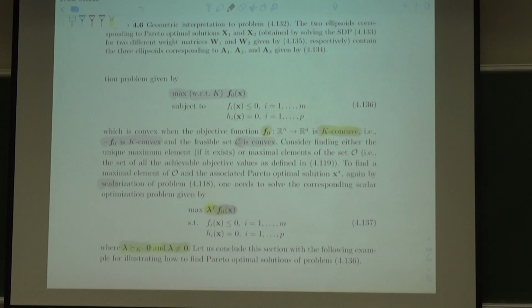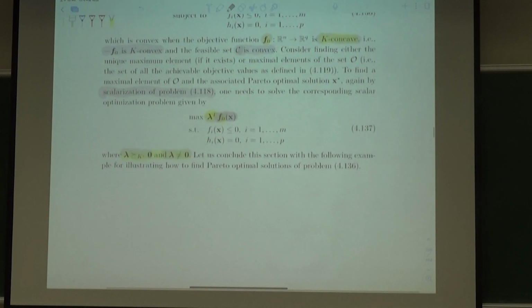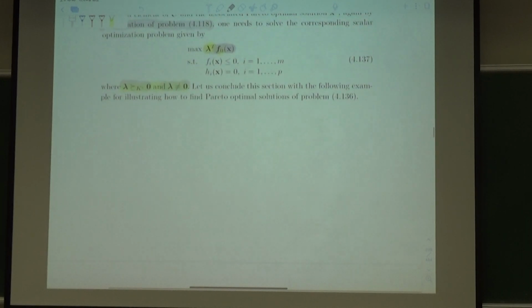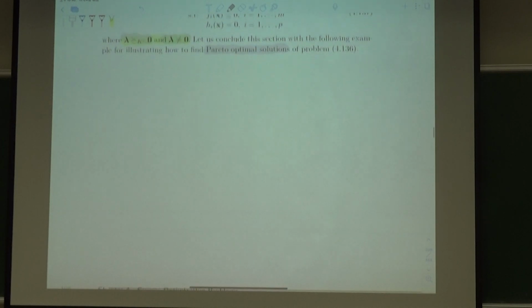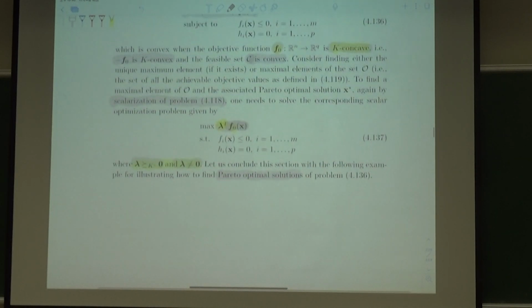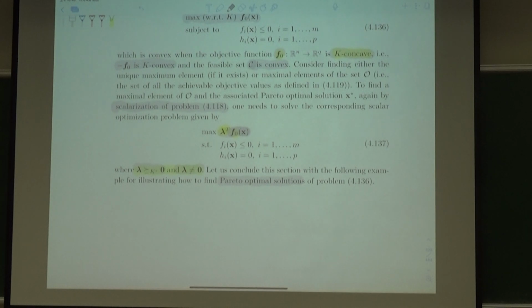Sometimes we say this approach is a scalarization of 4.418, the definition of the convex optimization problem. So how do we find maximal points? We say it's Pareto optimization. In many cases, we are not only interested in x, we're more interested in F0(x). That's the boundary points.